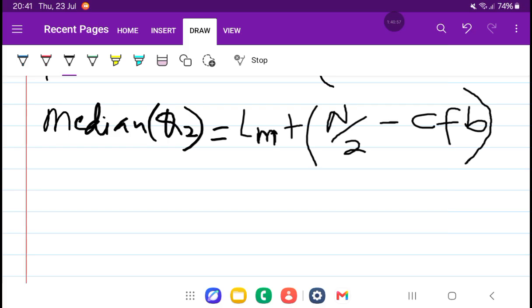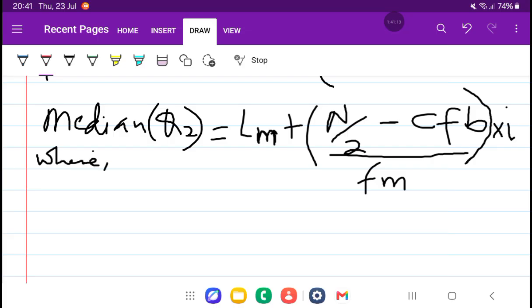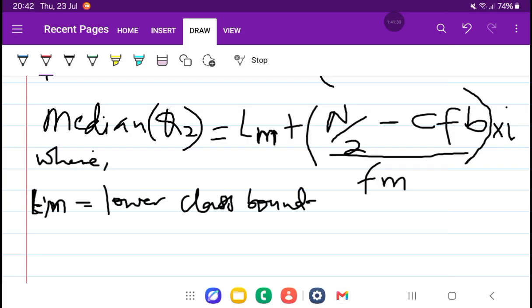All of that is going to be divided by Fm times I. We said LM, where LM is the lower class boundary of the median class.